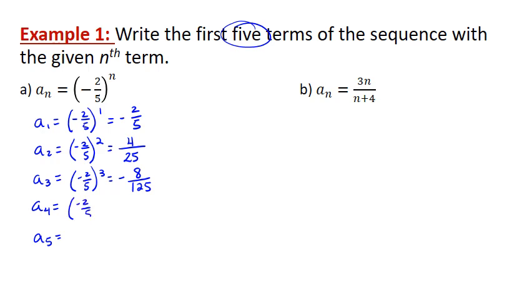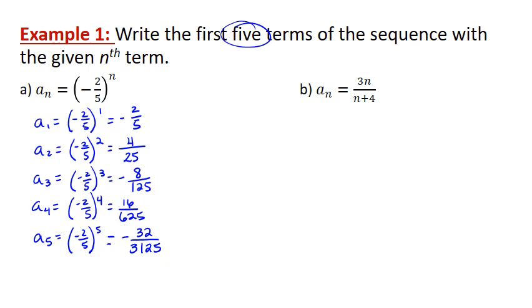Here, negative 2/5 to the 4th power. This will be a positive number because we have an even exponent. So 16 over 625. And then finally, negative 2/5 to the 5th power. This result will be negative because it's an odd exponent. And there are the first 5 terms.